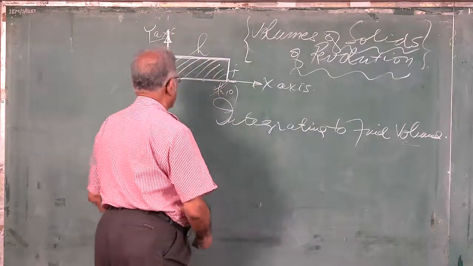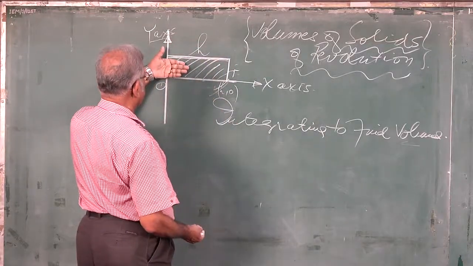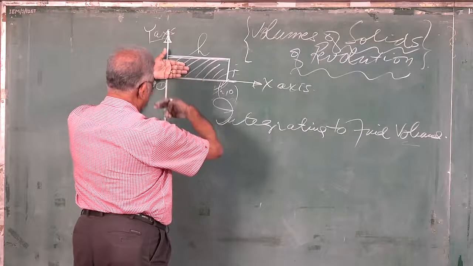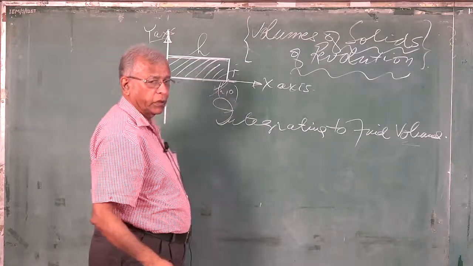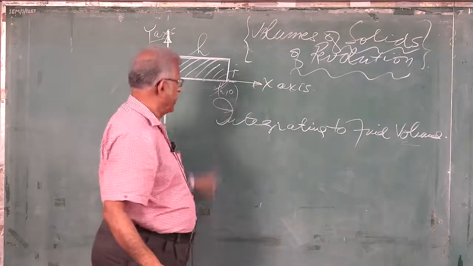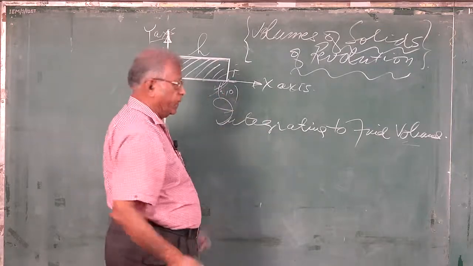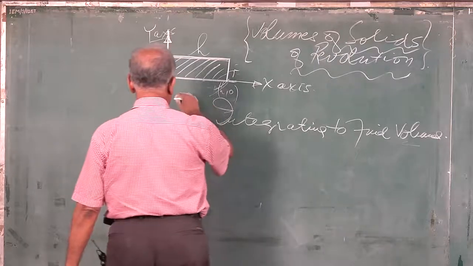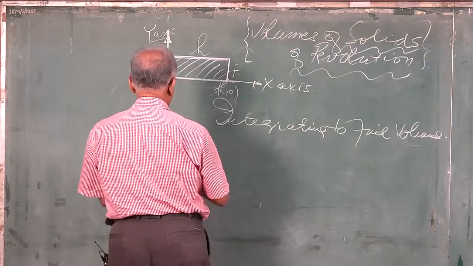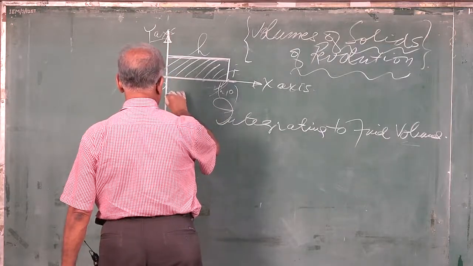How? By taking this and giving it a full rotation of 2 pi radians about the x-axis. If we do that, then we will get, I think I'll draw the other part like this.